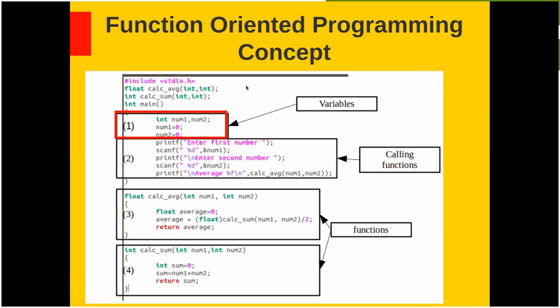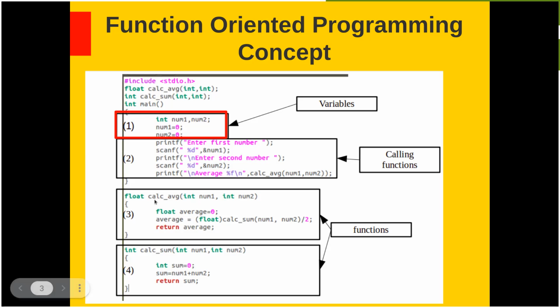Function-oriented programming concept. Here, this is a C program including functions and variables. This red box includes variables. Here, the variables are num1 and num2. The data type is integer. I think you have done C programming already. This is the main function.